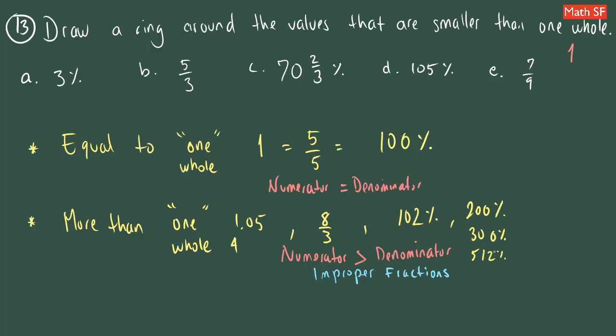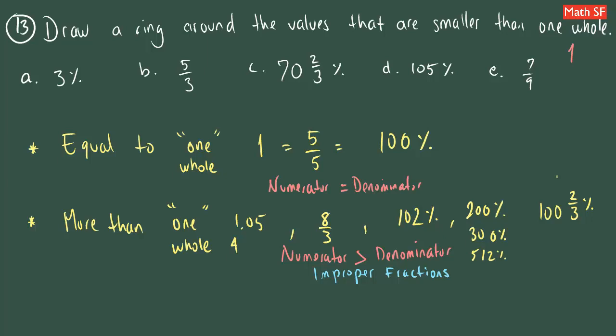So anything that is more than 100, like 101, 102, 103, 100.1, and like it could be 100 and 2/3%, because that's still more than 100, more than one whole, with the percent sign. So those are the numbers that are more than one whole.